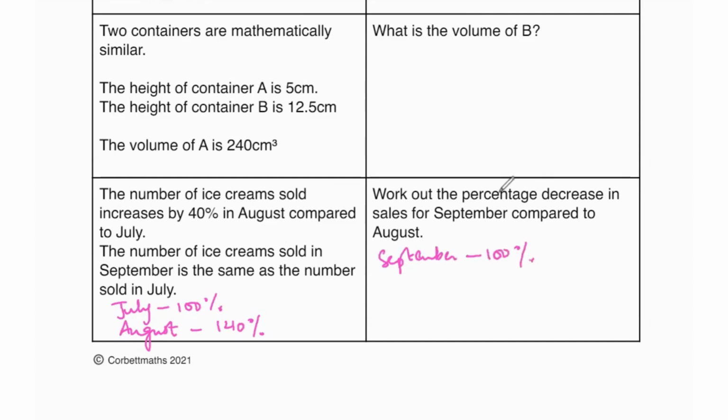So we have to find the percentage decrease in sales from August to September because we're going back from 140 to 100. So that's going to be 140 minus 100 over 140 times 100. In percentage increase and decrease, in the numerator you show the change between the two amounts.